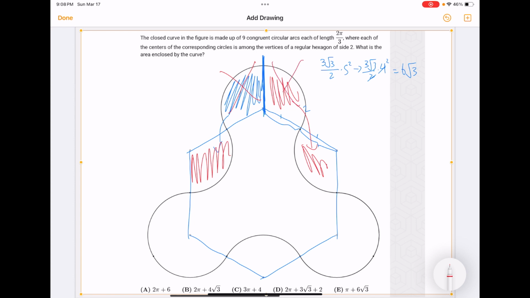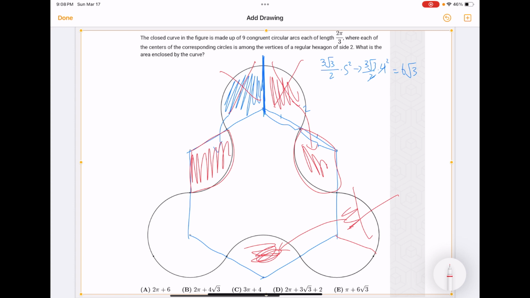Both of these arcs would not exist anymore and they are placed in the spot right here. Then we have one right here, so we can just take another arc, get rid of this one and place it right here. I'm doing this because, as I said, all of the arcs are congruent.